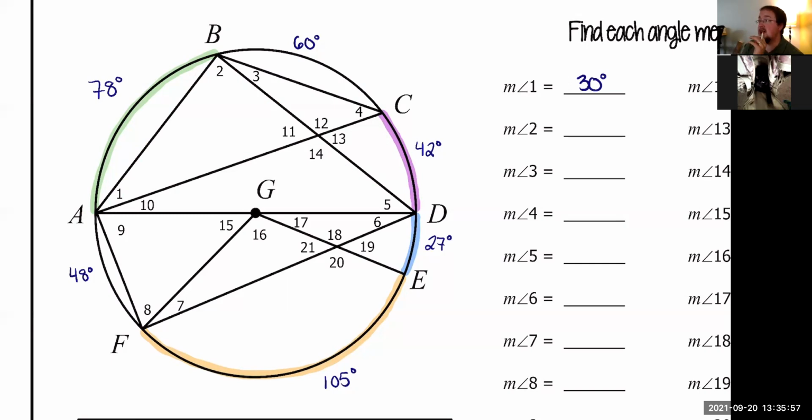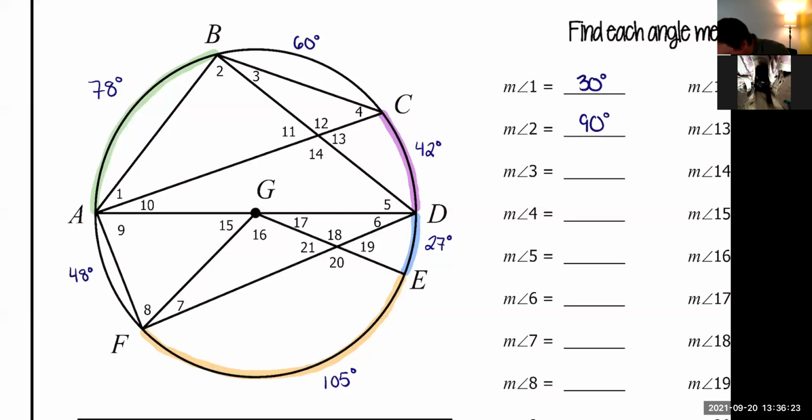ABD is an inscribed angle. Anytime you have an inscribed angle that intercepts a diameter, it's on the first page. It's a right angle, which means it is 90 degrees.